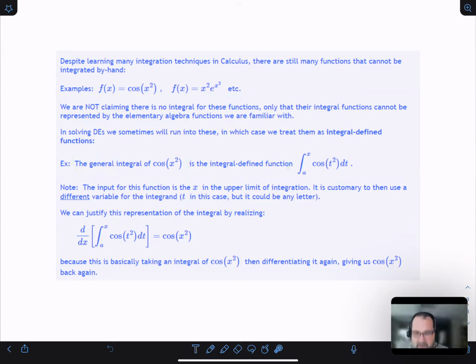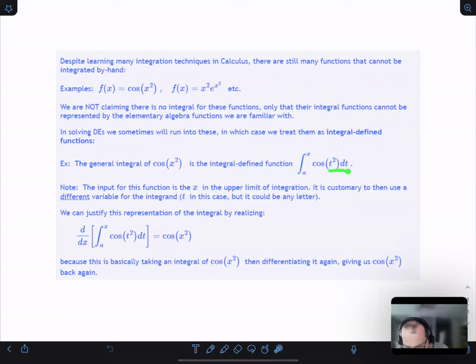We write it as the integral from any point A to the variable x of cosine t squared dt. A little note here about notation. If we were going to give this function a name like big G of x, the x in the upper limit of the integral is actually the input of this function.